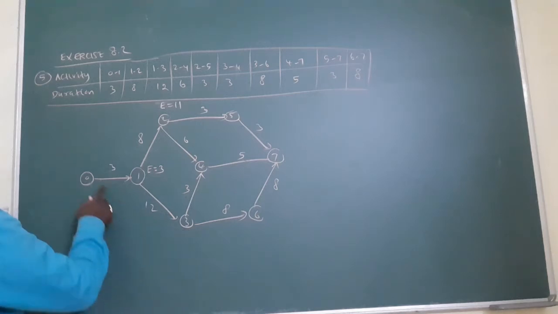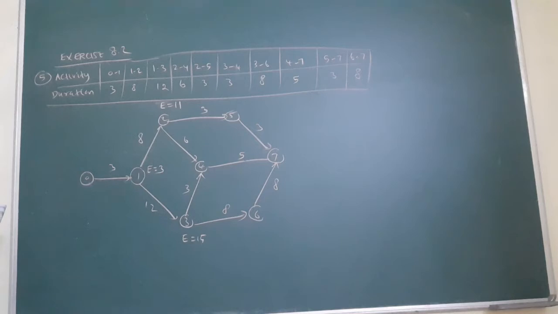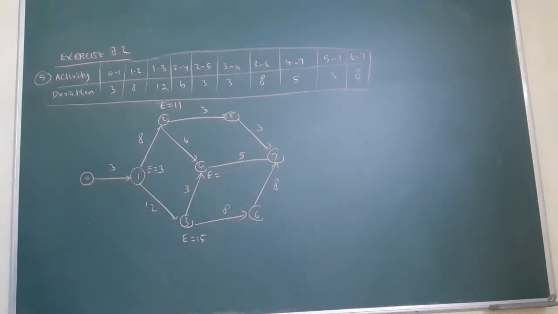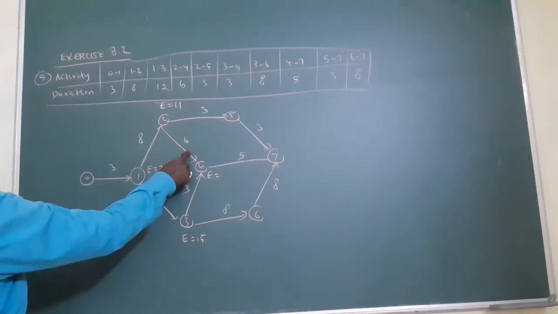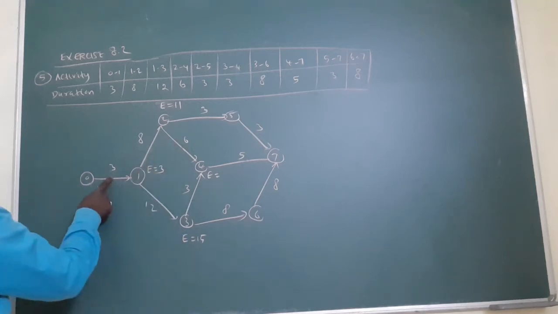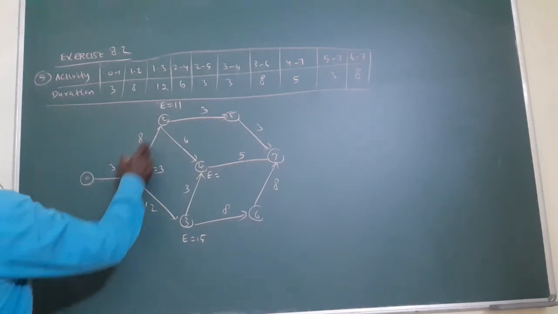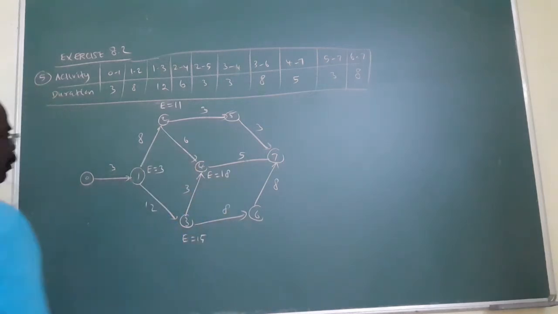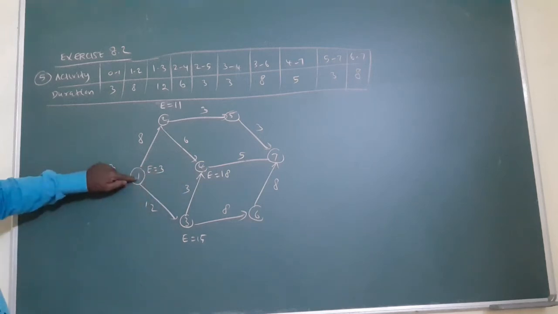Next, E equal to what? 3 plus 12, 15. Am I right? Now next, E equal to, what is the root actually? 3 plus 8 plus 6. What is the answer? 17. For this way, 3 plus 12, 15, plus 3, 18. From 0 to 4 we have 2 roots: 0 to 1, 1 to 3, 3 to 4.